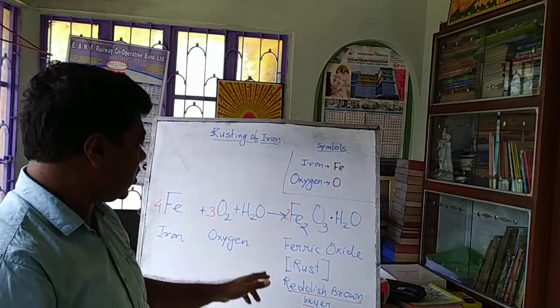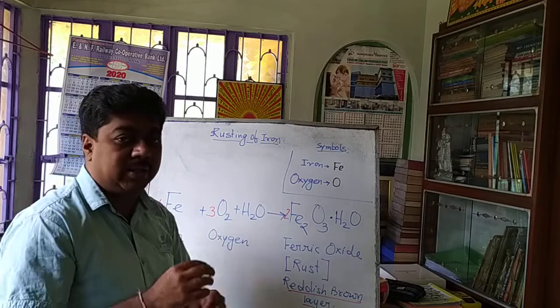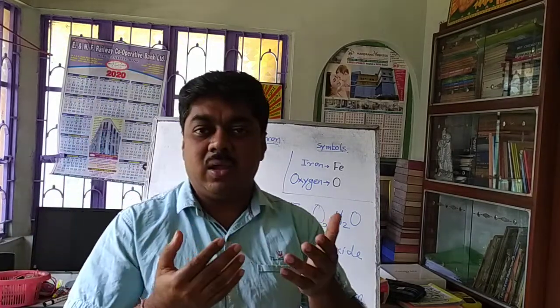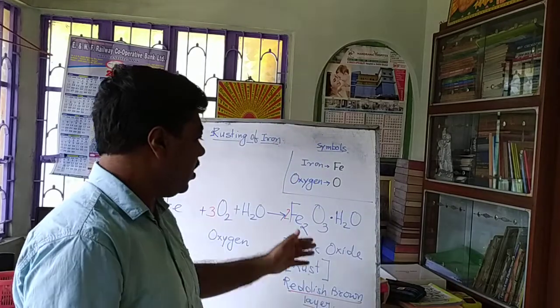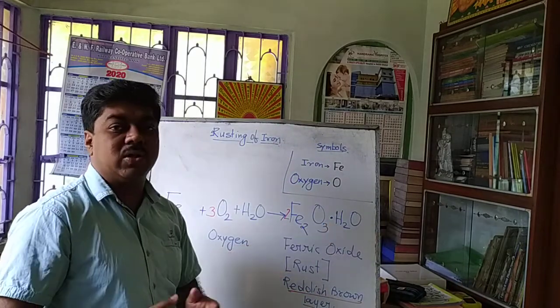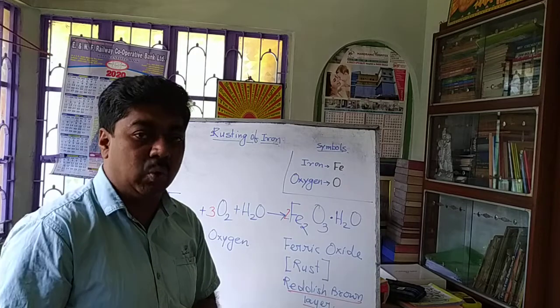So here also, due to the presence of water, the dust of the rust, that means the ferric oxide dust, is attached on the iron surface very nicely. So here moisture in the air also plays a great role.